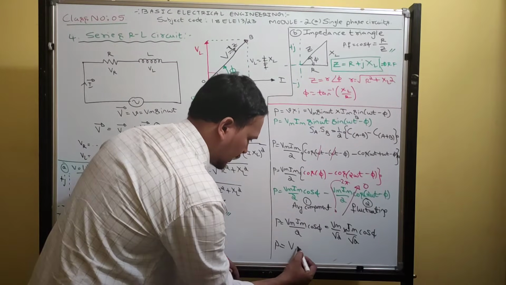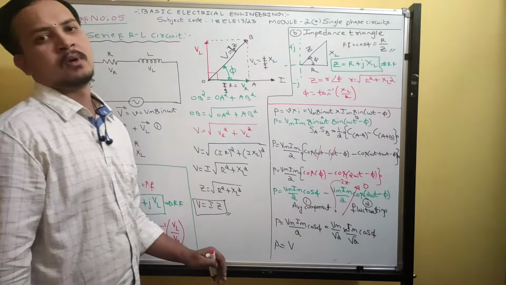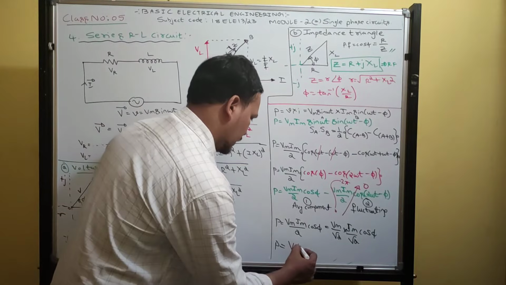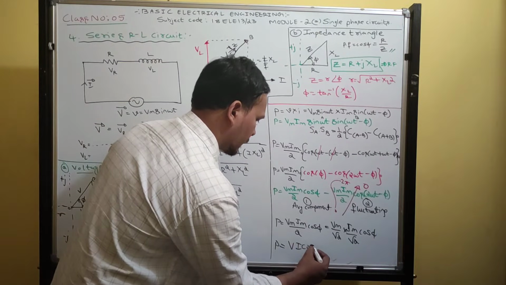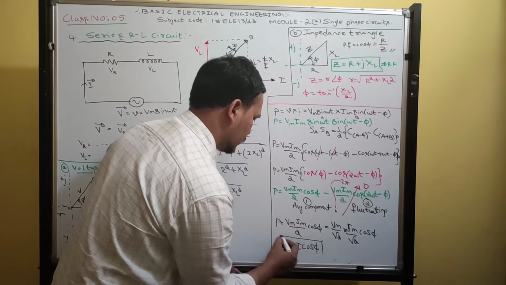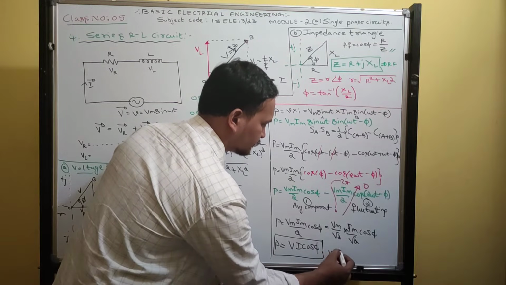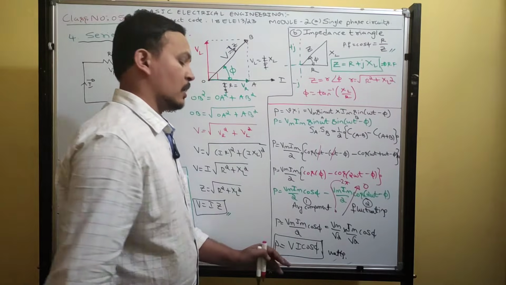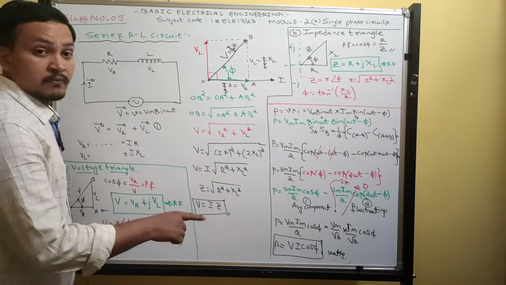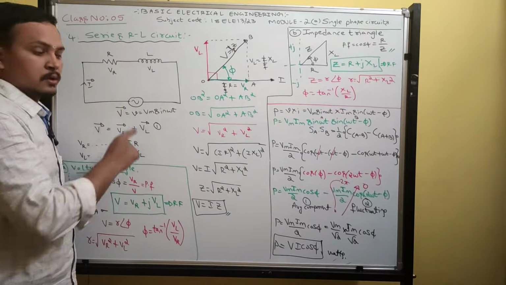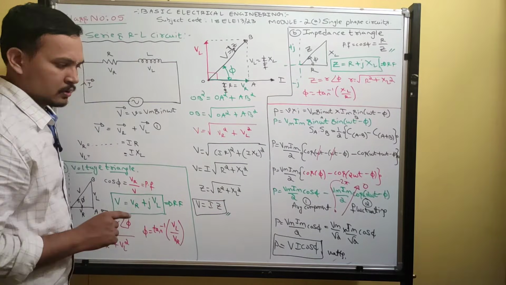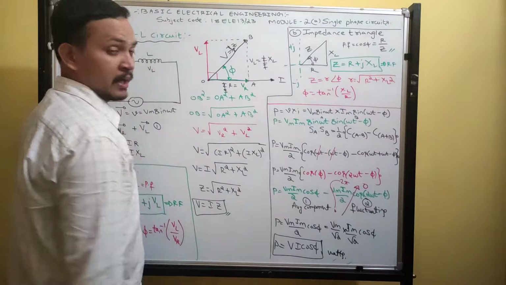Write RMS in capital letters. What is Im by root 2? IRMS. Very good. Write capital letters, into cos pi. What is the unit? Watts. So this is the equation for power consumed in a series RL circuit. What is the equation? VI cos pi.